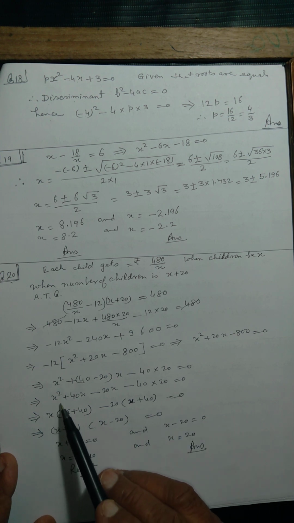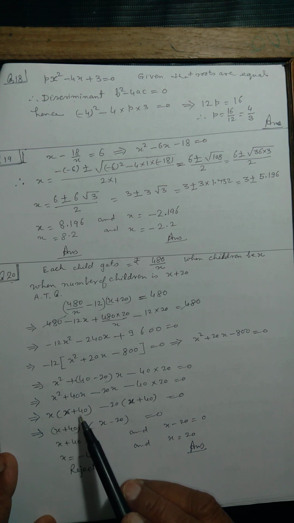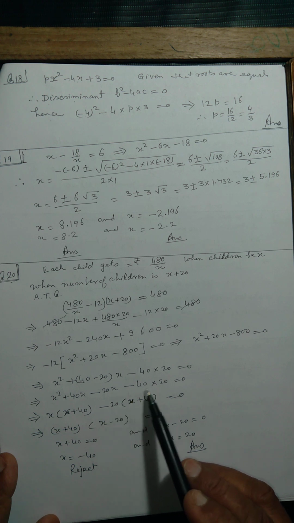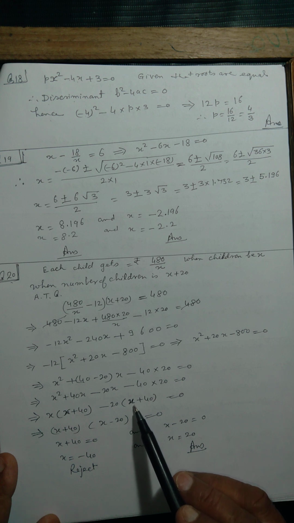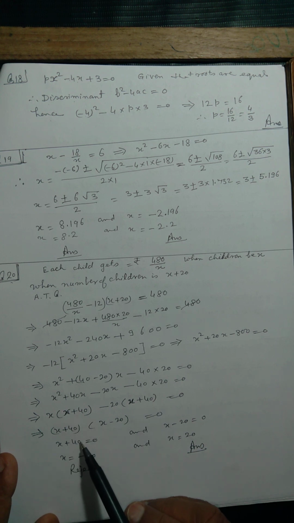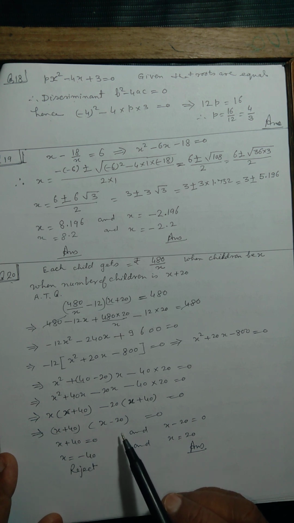You take out x common from the first two terms. So x inside the bracket, x plus 40. From the third and fourth terms, you take out minus 20 common. So we are again left with x plus 40. Take out x plus 40 common, and we have the second factor, that is x minus 20.